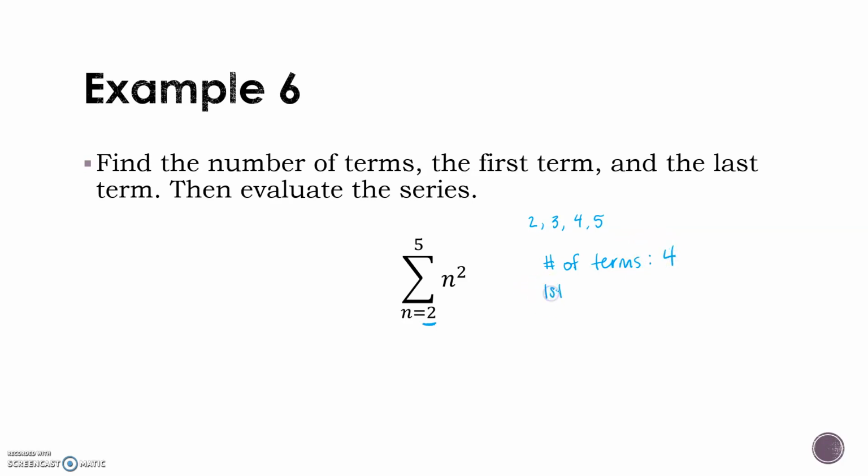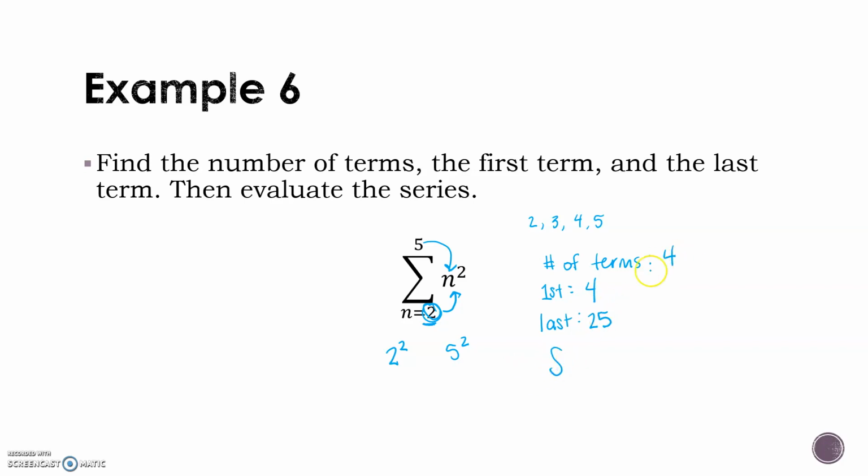My first term is going to be what I get when I plug in this first term for n. So when I do that, I get 2 squared, which is 4. And then I need to plug in my last term for n, and I'd get 5 squared, which is 25.